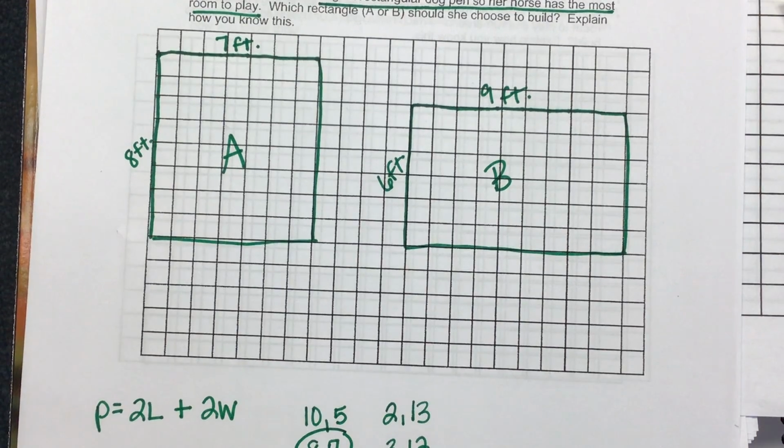Okay, so now, which one of these should she choose? Rectangle A or rectangle B? Avery? Why would she choose rectangle A?